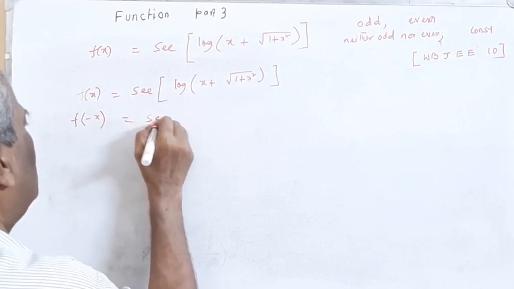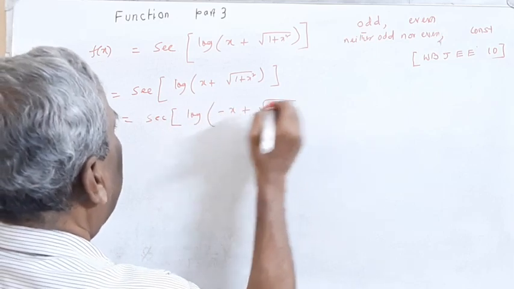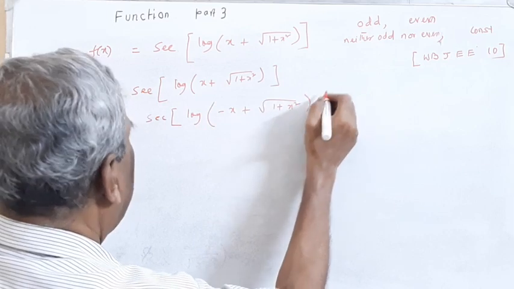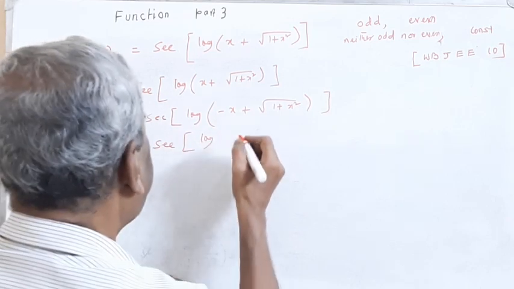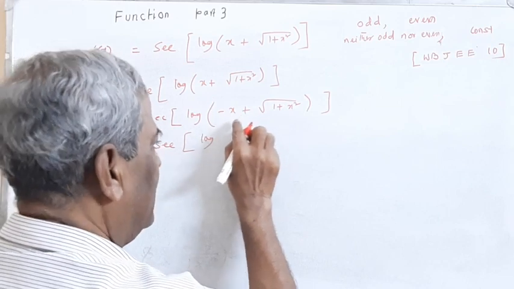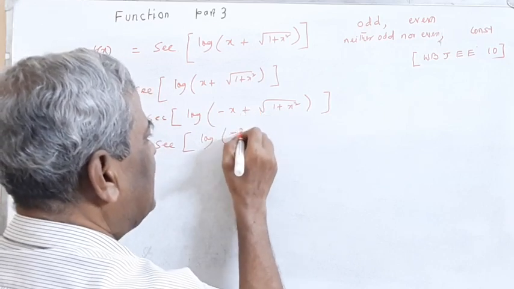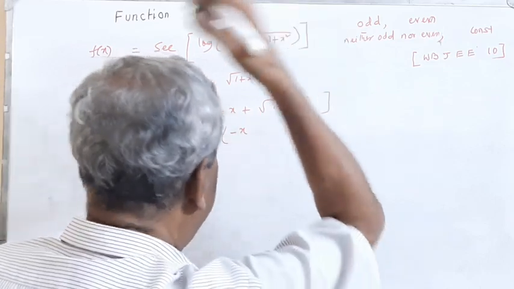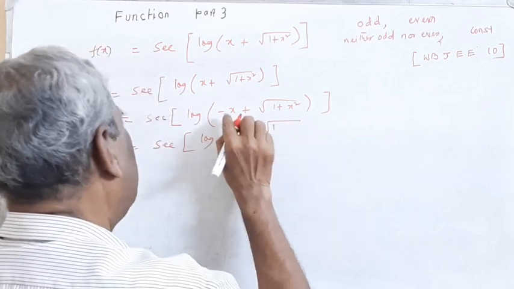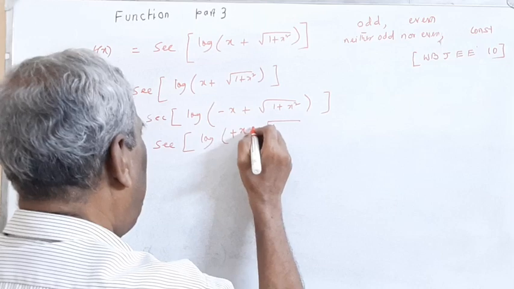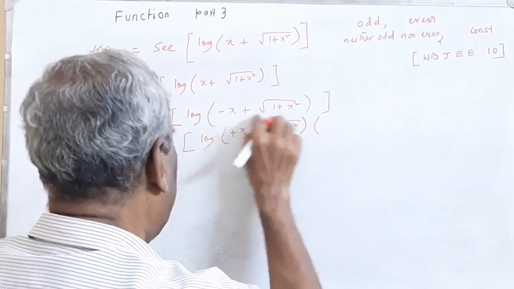So this is equal to sec of log of minus x plus root over 1 plus minus x whole square, which is equal to sec of log of, multiplying numerator and denominator by the negative of this, that is minus x minus 1 plus x plus root over of 1 plus x square, and this is already there.